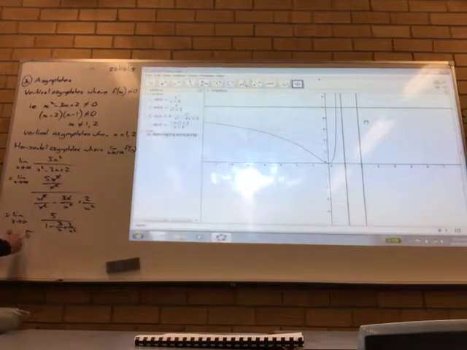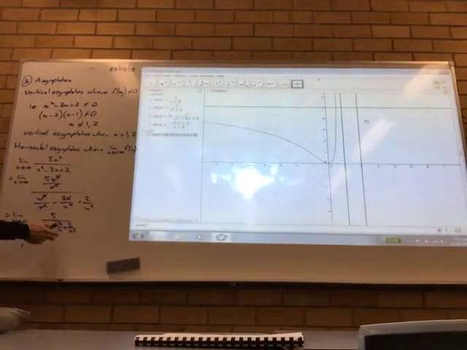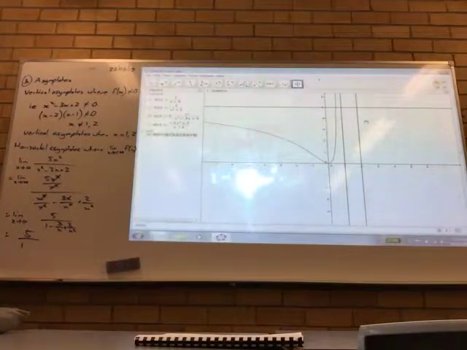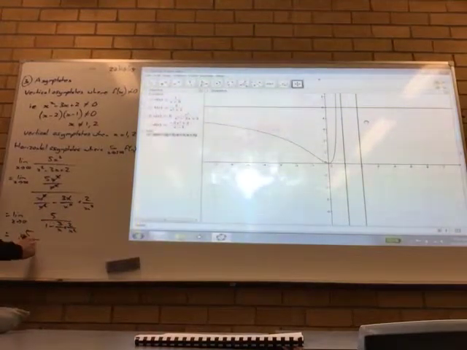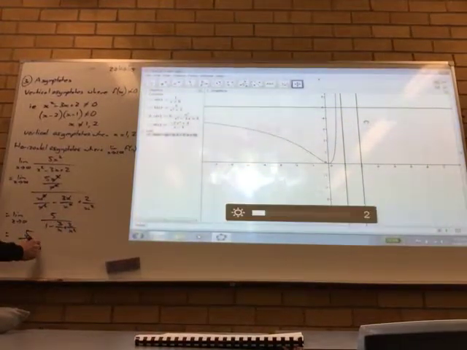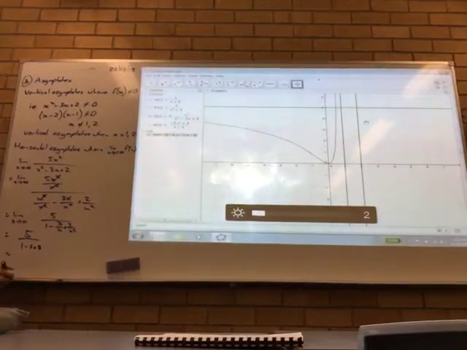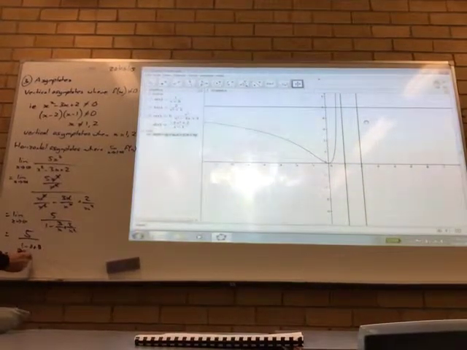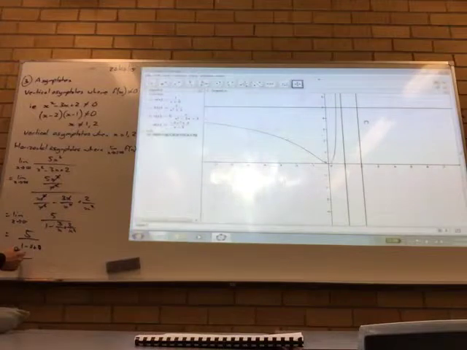It's going to be 5 over 1, take away negative 3 over infinity, which is 0, and what's 2 over infinity squared? 0. So 5 over 1, which is just 5.